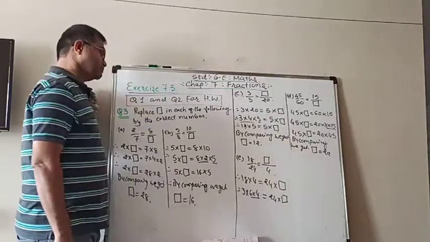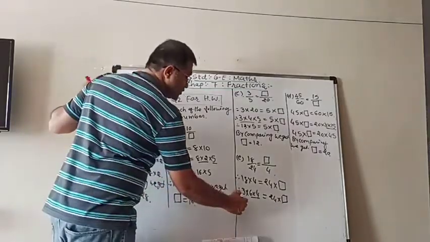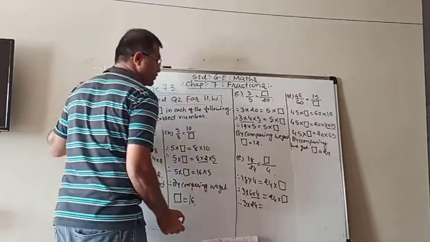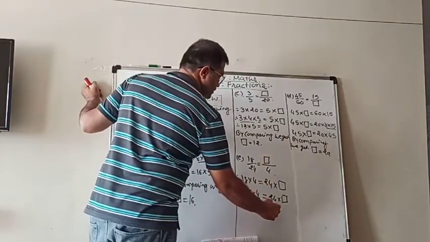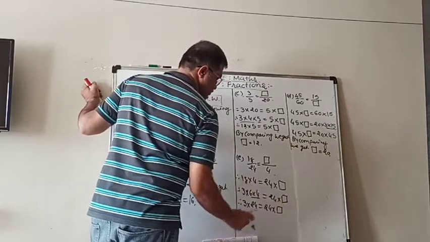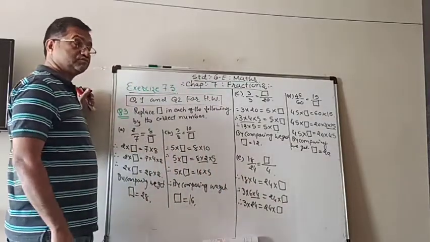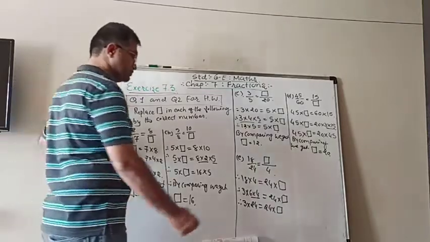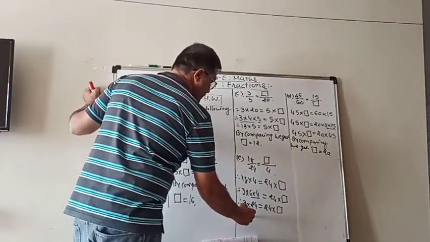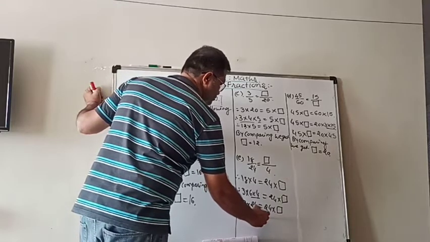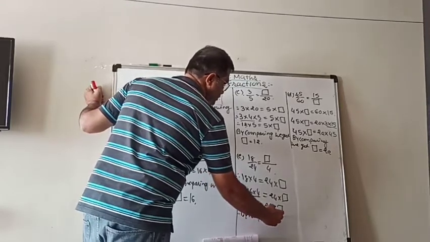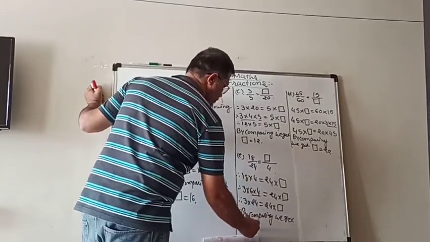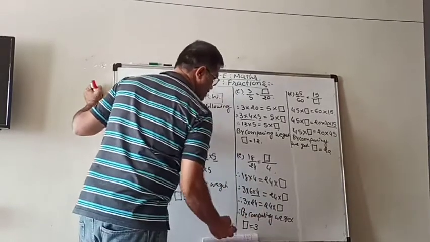So now 6 fours are 24. Therefore 3 multiplied by 24 is equal to 24 multiplied by box. By comparing, the value of box is 3.